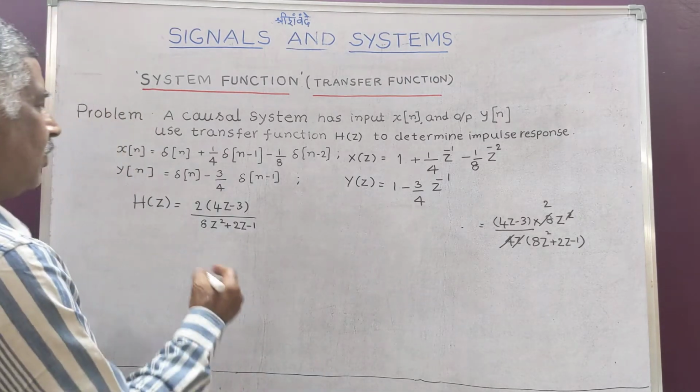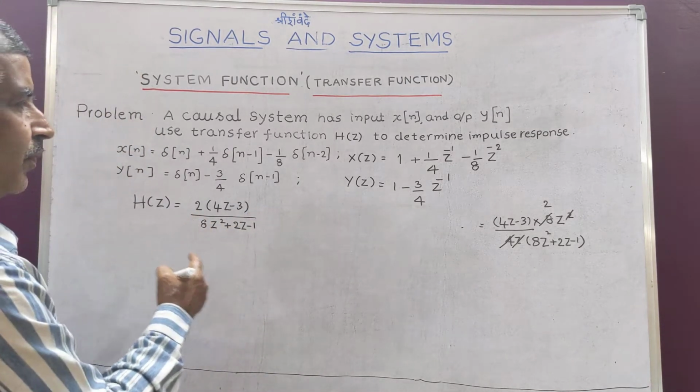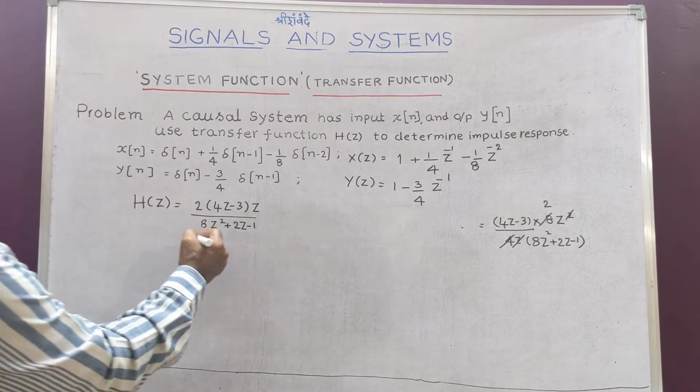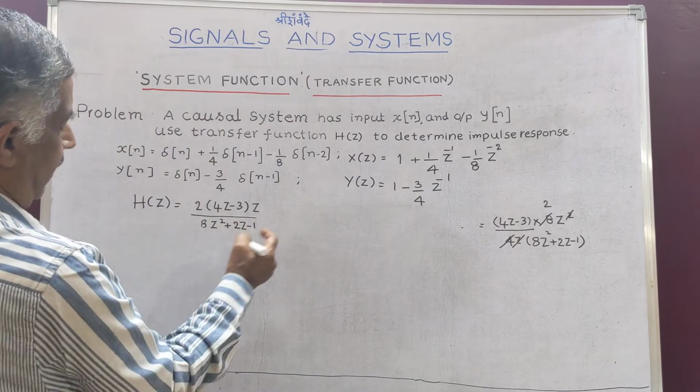Now let us 2 into 2z, 4z minus 3, 8z square plus 2z minus 1.